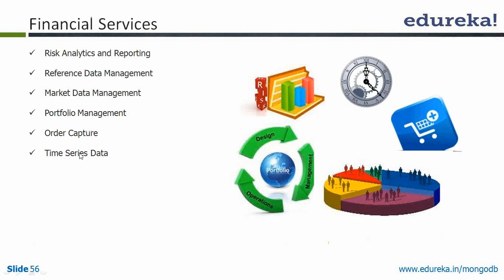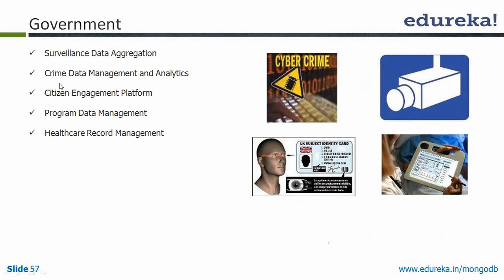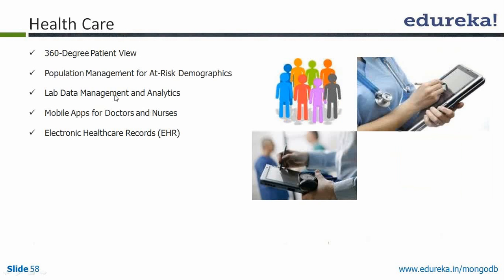For financial services, you can perform various kinds of activity. Here we have mentioned for government which departments are using MongoDB. In healthcare, it is again a very popular database.